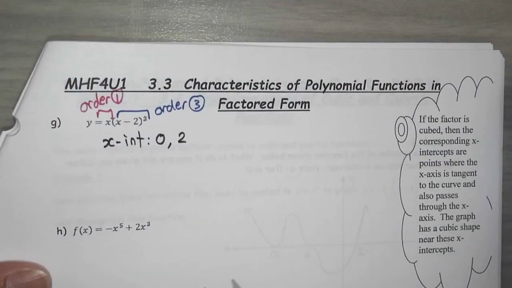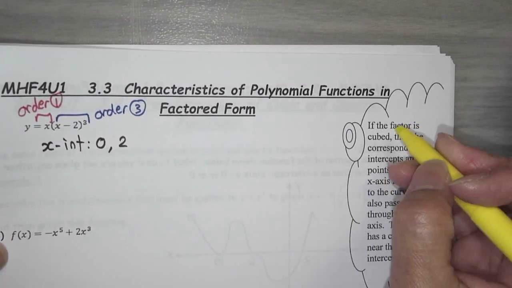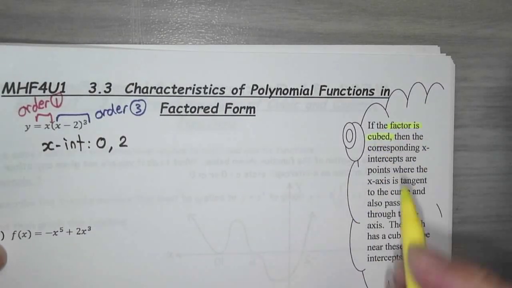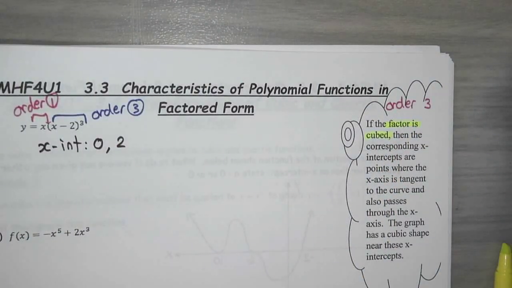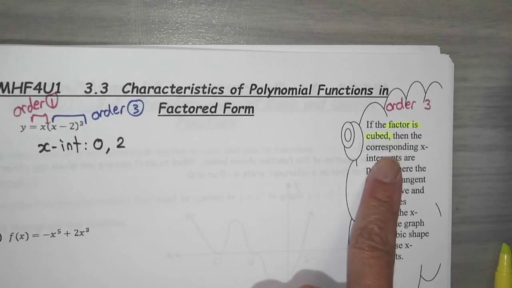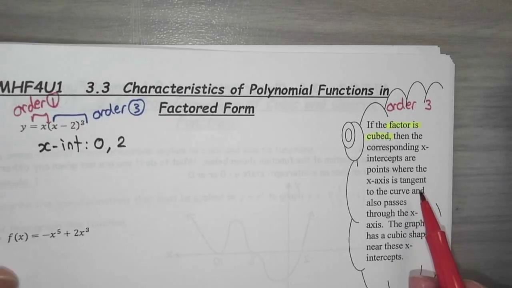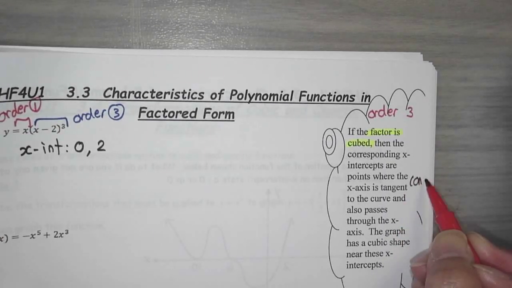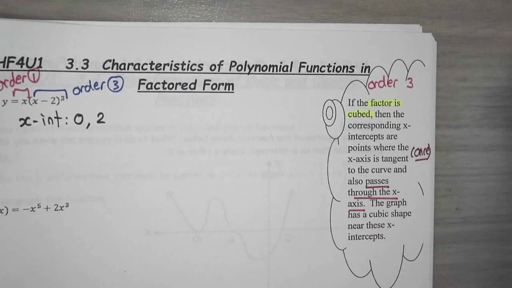Okay. Then I have over here, in this bubble of knowledge, if the factor is cubed, in other words, order 3, so if the factor has an order of 3, then the corresponding x-intercepts are points where the x-axis is tangent to the curve, which means it touches once, and passes through the x-axis, and the graph has a cubic shape near that x-intercept.